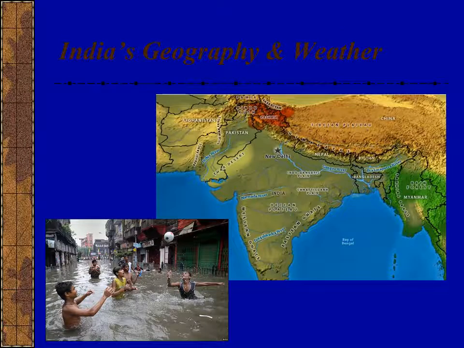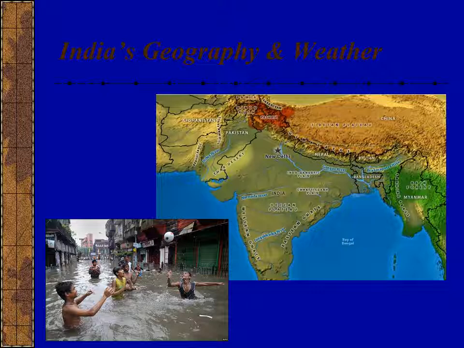When we take a look at India itself, it's really important to point out the geography and the weather. These are some of the most key components to how India is going to develop the way it does and maintain some of those common trends. It is surrounded by mountains, lots and lots of mountains.